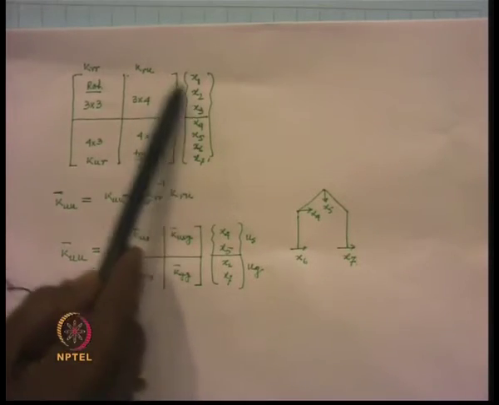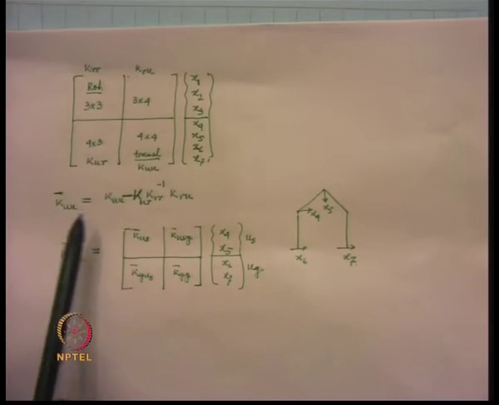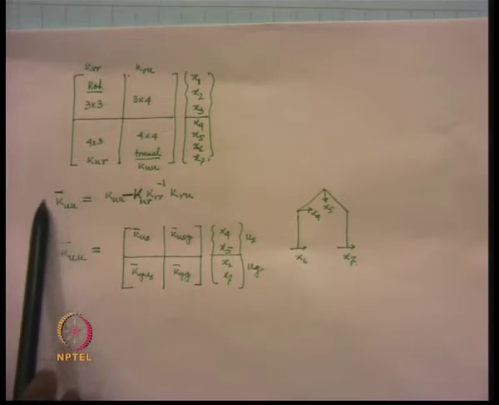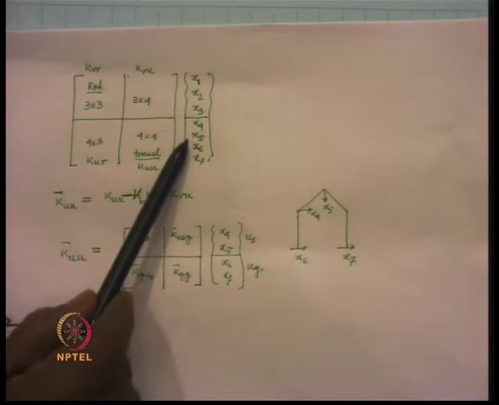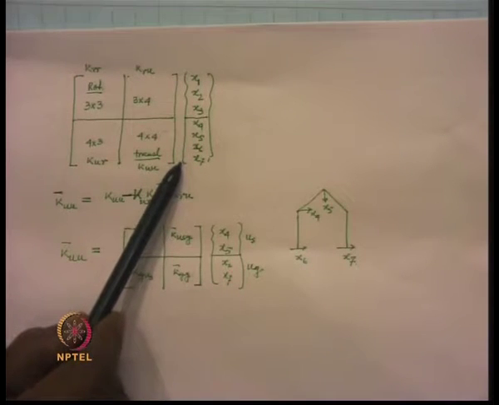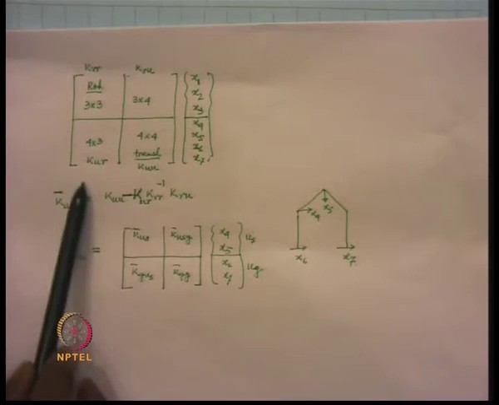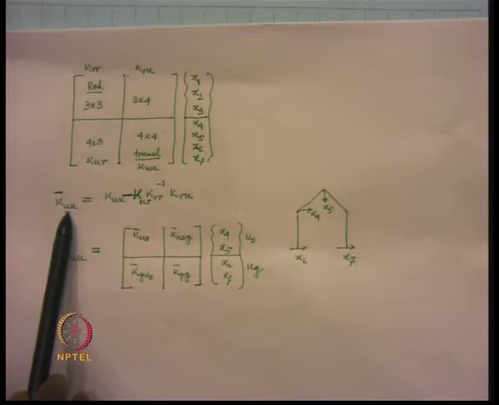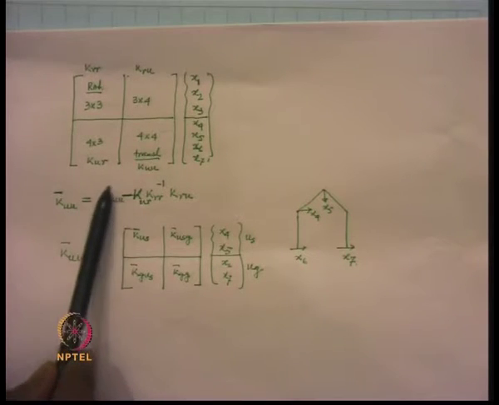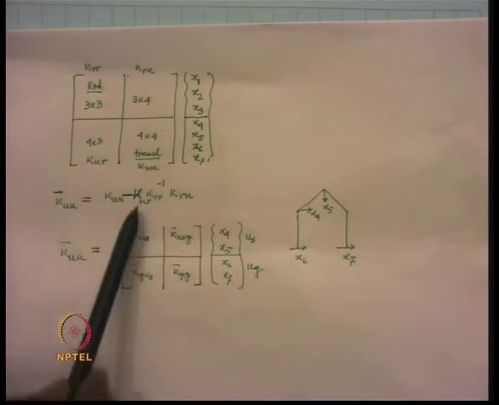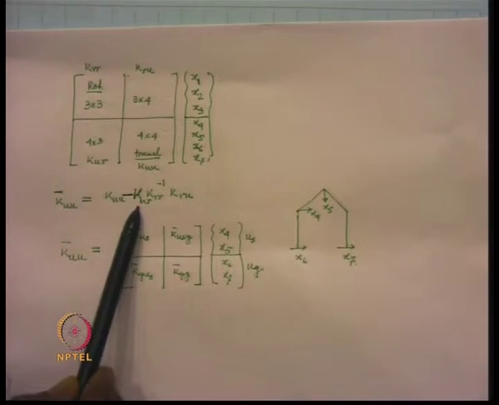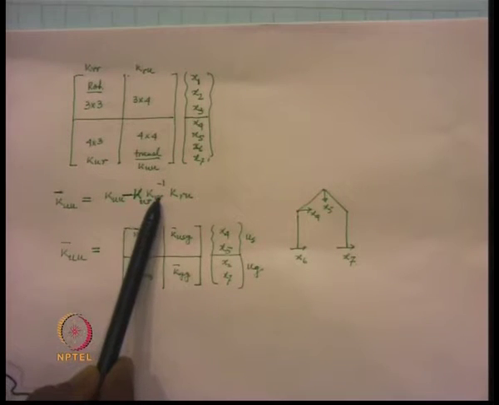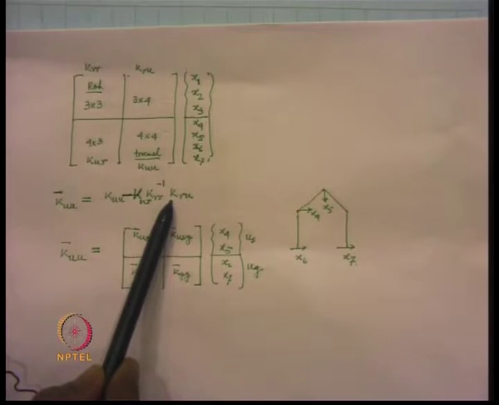So, from this matrix we can obtain a condensed stiffness matrix corresponding to these 4 degrees of freedom that we are calling K bar uu, and this K bar uu will be equal to Kuu, that is this matrix, minus Kur KRR inverse multiplied by KRU.